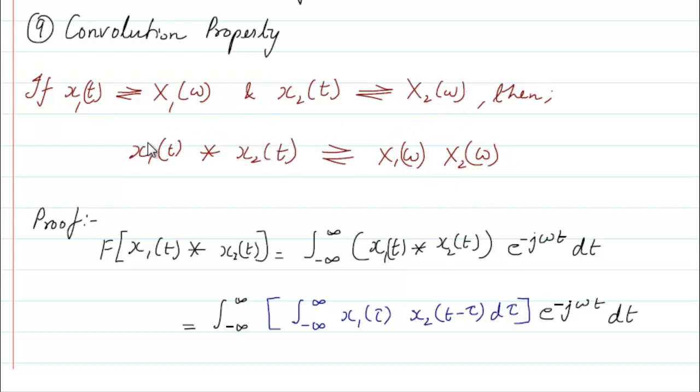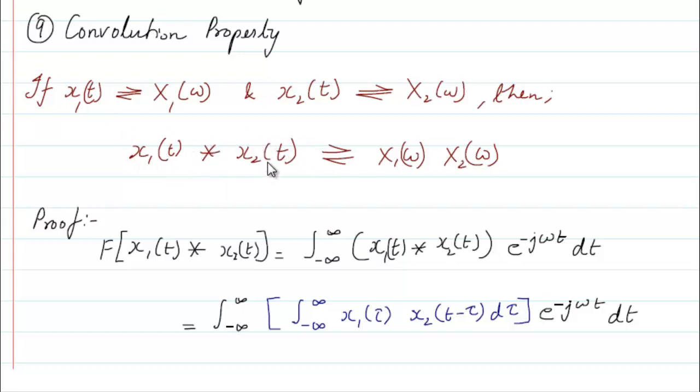So this is a very important property. If you want to convolve two functions, which we know is very complex, it will basically be just the multiplication of the two functions in their frequency domain. So if you take two spectra and multiply them, it's as good as convolving.